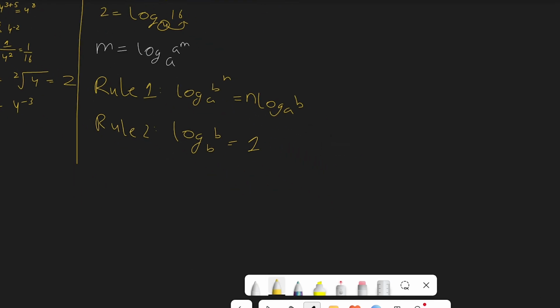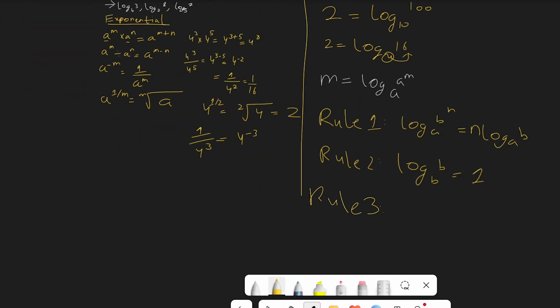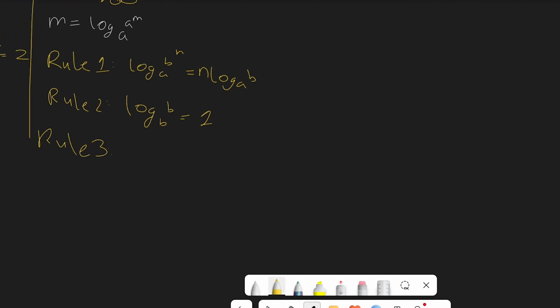The next rule is similar to the exponential rules for addition, subtraction, multiplication and division. The rule goes as follows: log of, let's say a common base I will take as a, log of b to the base a plus log of c to the base a would be equal to log of bc to the base a.